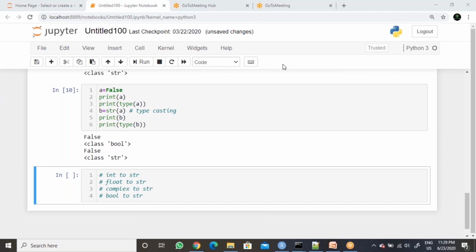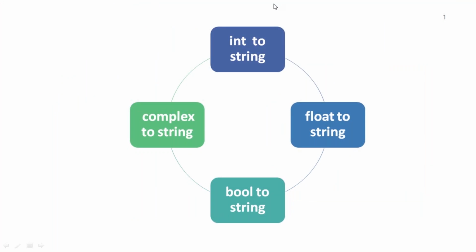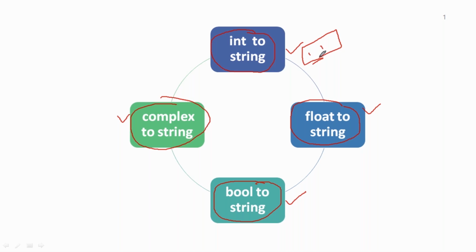Understand from this example what you need to know: you can convert from integer, float, bool and complex to string, only by adding inverted symbols to the values, that's it. So there is no difference. Without any pain, without any confusion, we are able to convert all the data types into string.